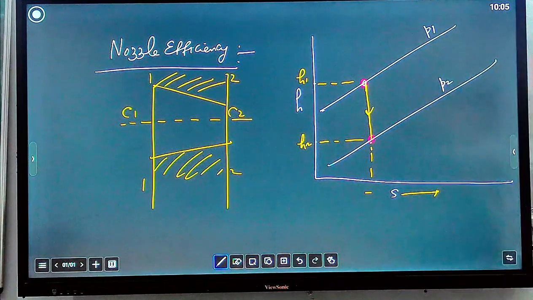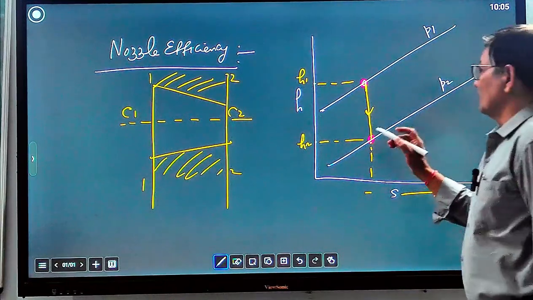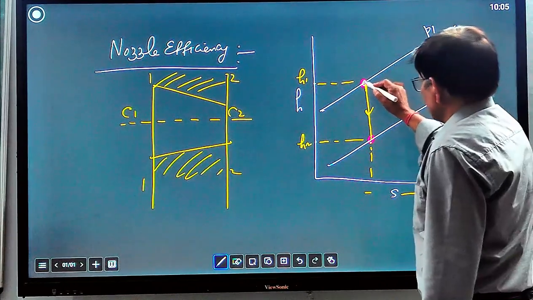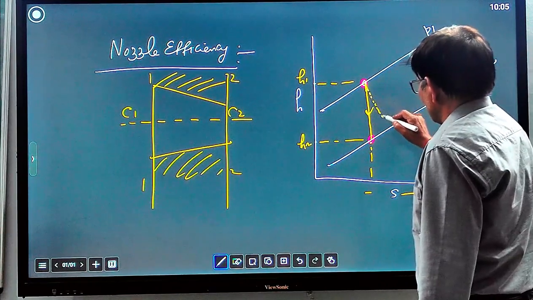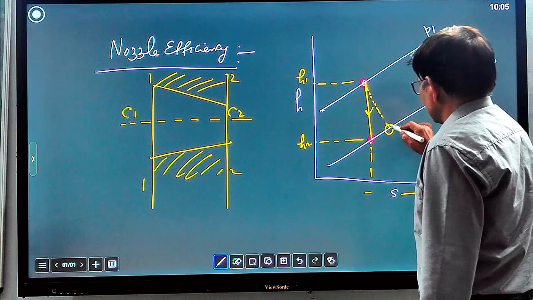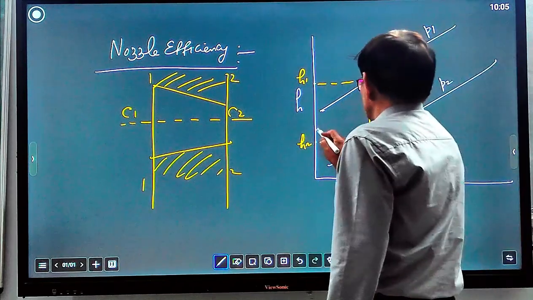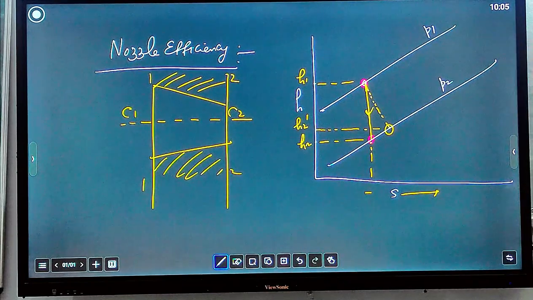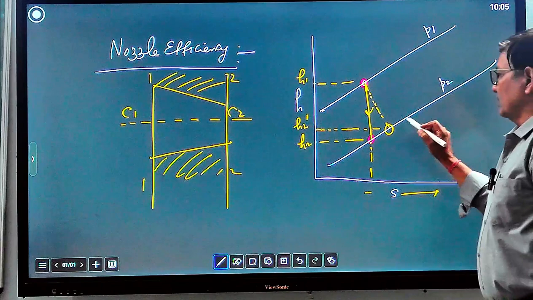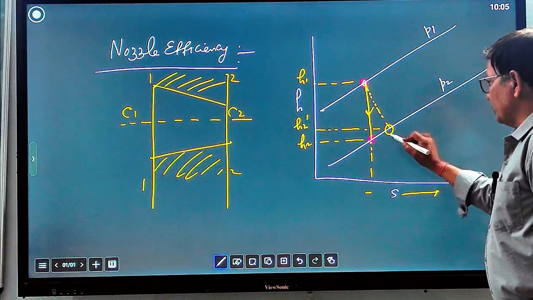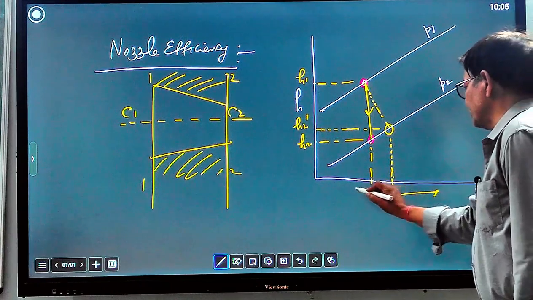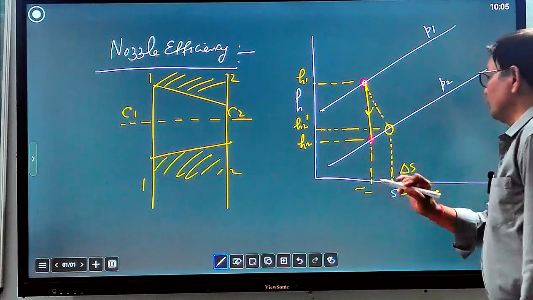You see that in isentropic flow there is no change of entropy, but actually, due to frictional resistance, the expansion will be like this, to H2 dash. So due to frictional losses, entropy will increase, and this is the change of entropy, delta S, due to frictional resistance.